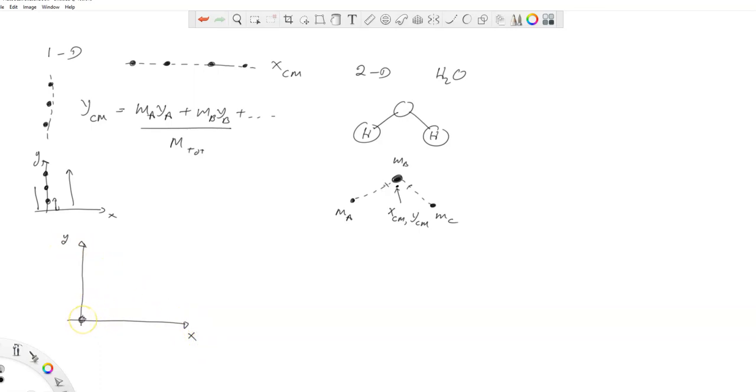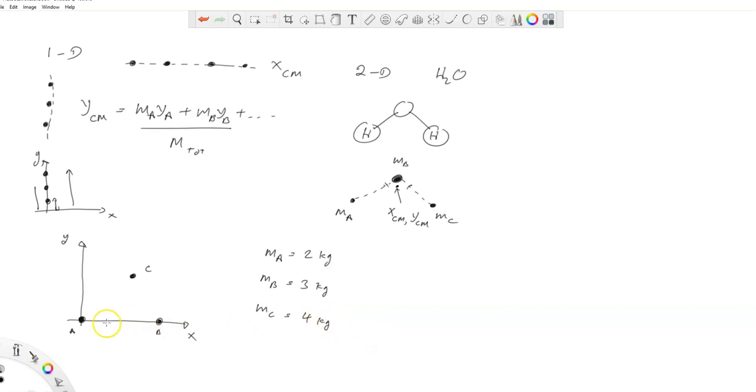Let's say I'm going to place mass A here, mass B over here, and we'll place C over here. And let's say MA is 2 kg, MB is 3 kg, MC is 4 kilograms.